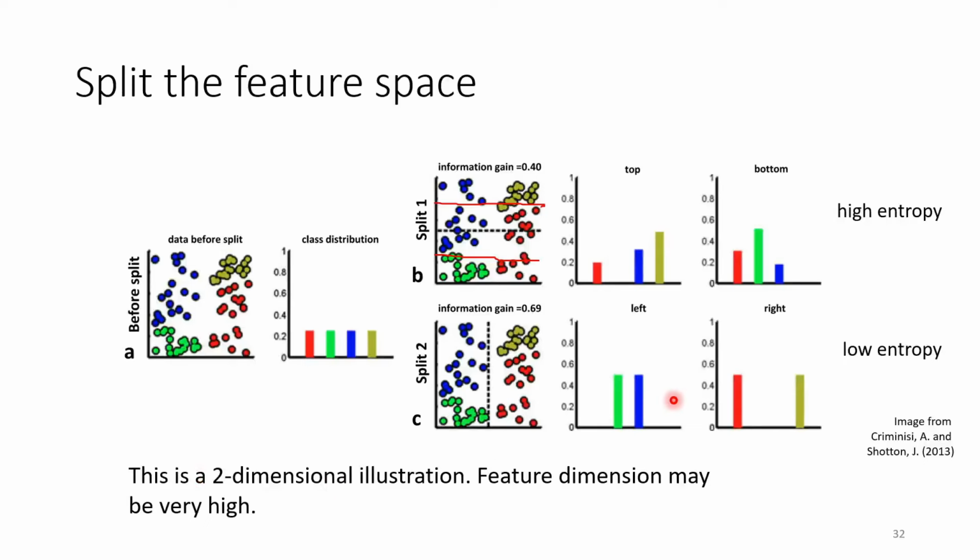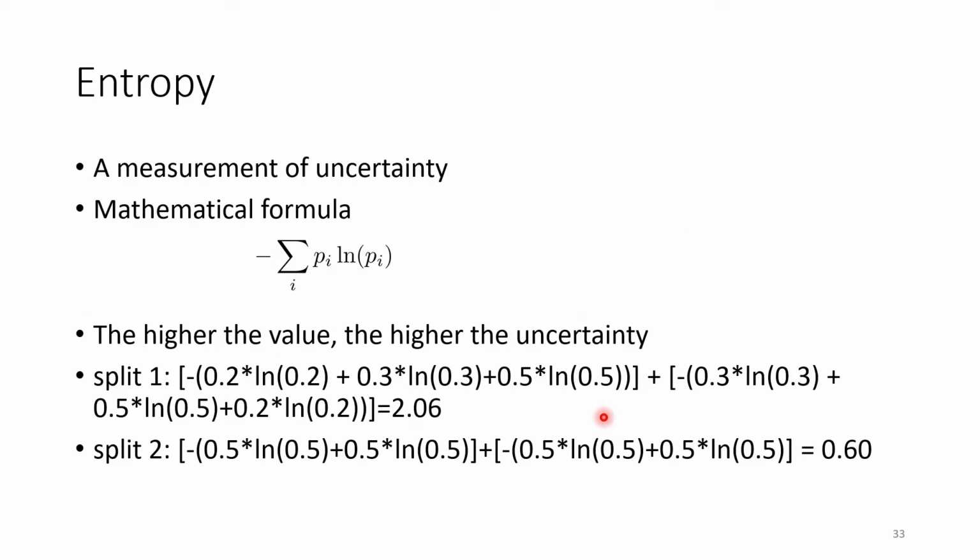In split 2, the left part has only 2 classes, and both of their probabilities are 0.5. So this is negative 0.5 times log 0.5 plus negative 0.5 times log 0.5.